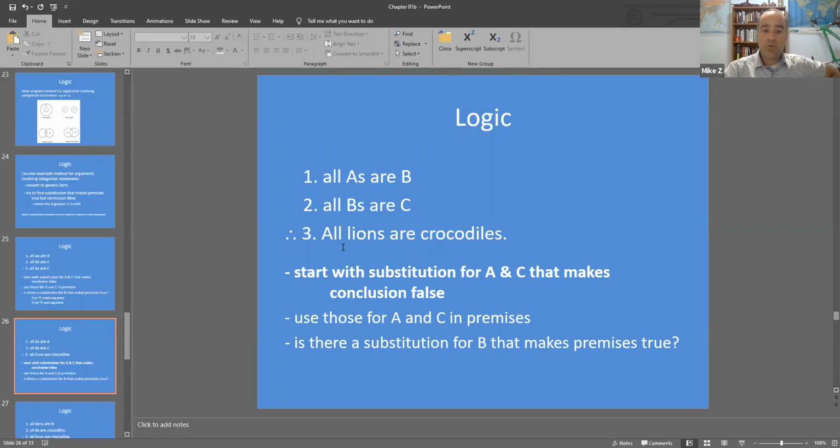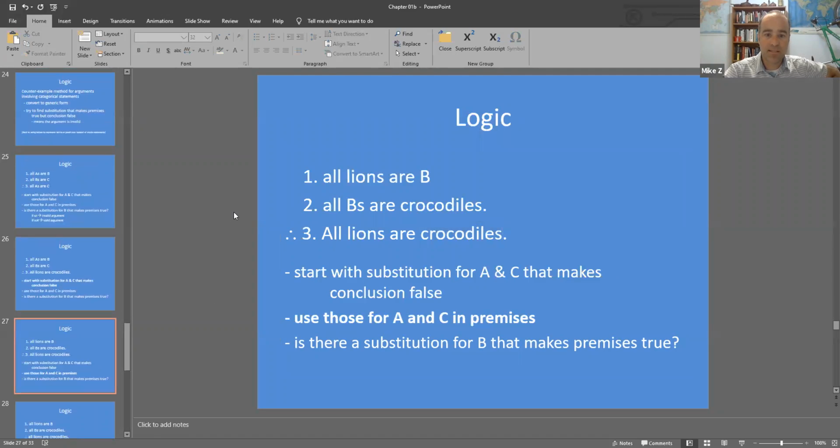Then I'm going to use that substitution for A and for C, and put those into the premises where appropriate. So that gives us this. All lions are B, and all Bs are crocodiles. Therefore, all lions are crocodiles.